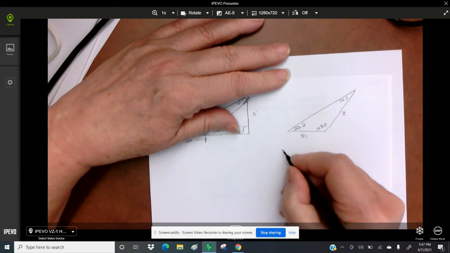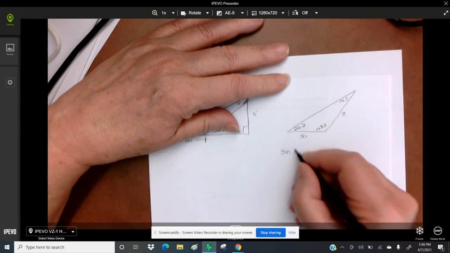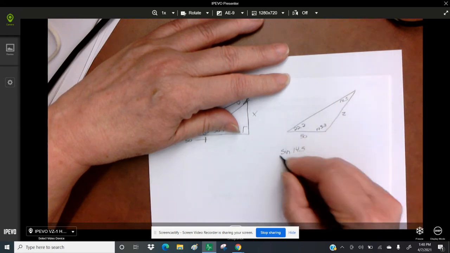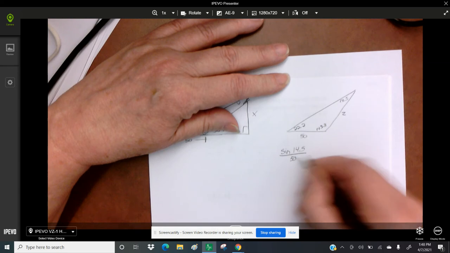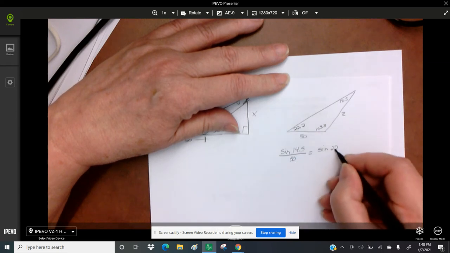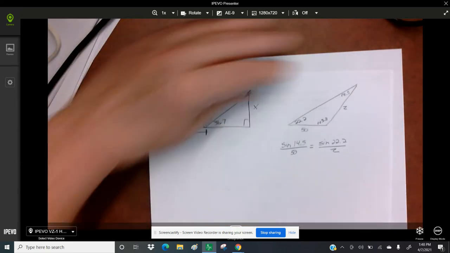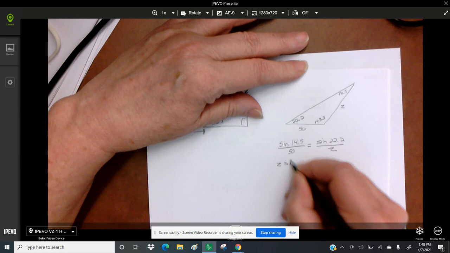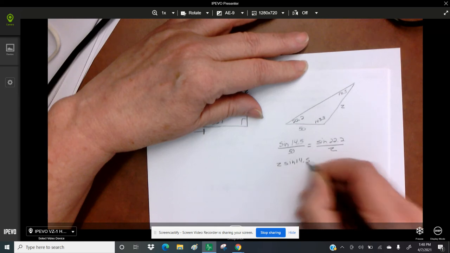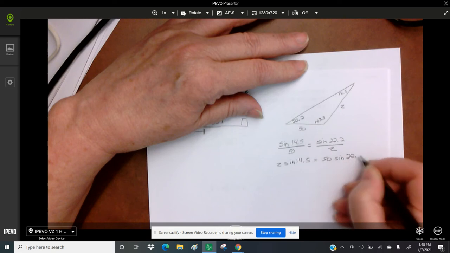So I'm going to say the sine of 14.5 all over 50 is going to equal the sine of 22.2 all over z. Now I can cross multiply. z times the sine of 14.5 equals 50 times the sine of 22.2.